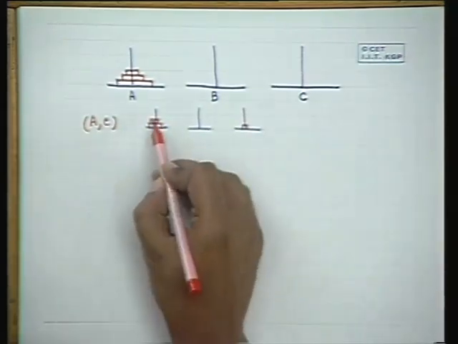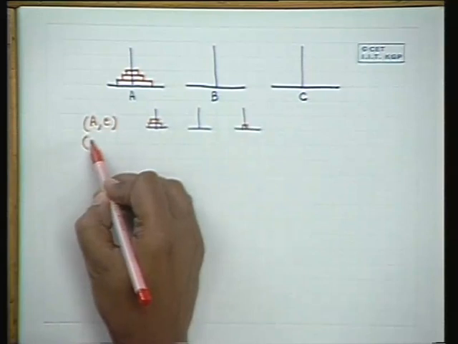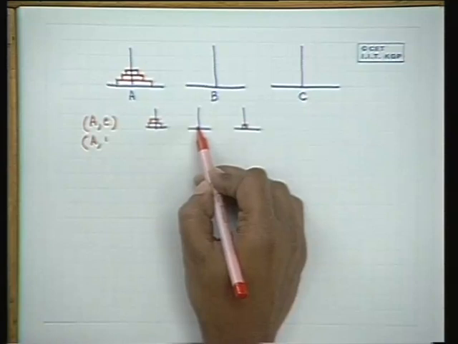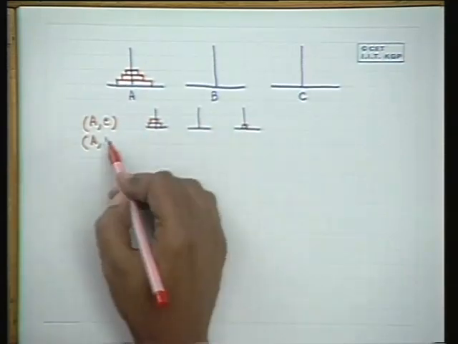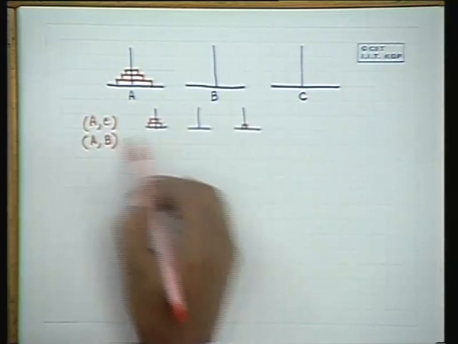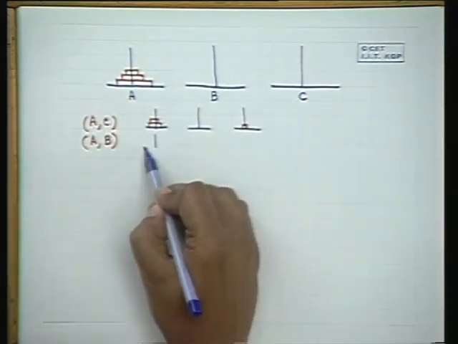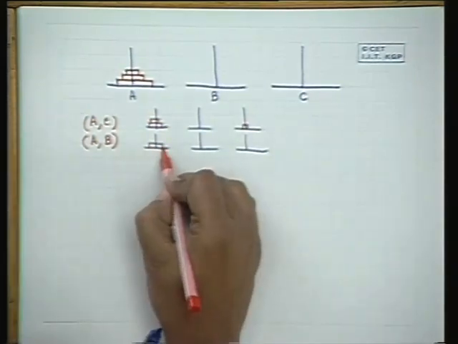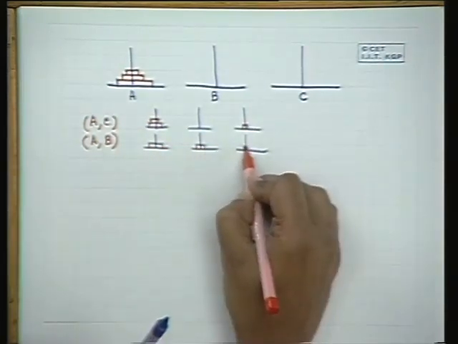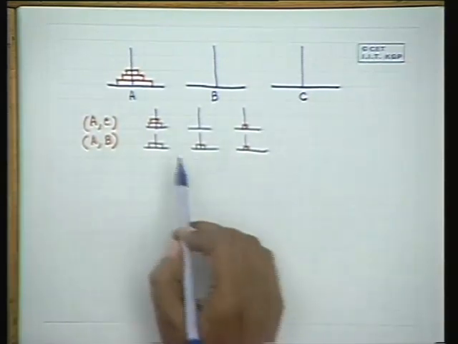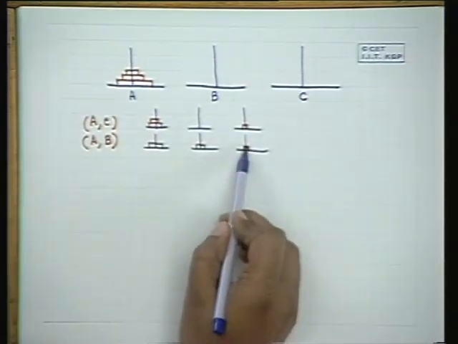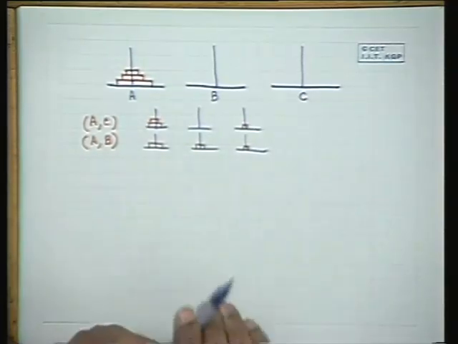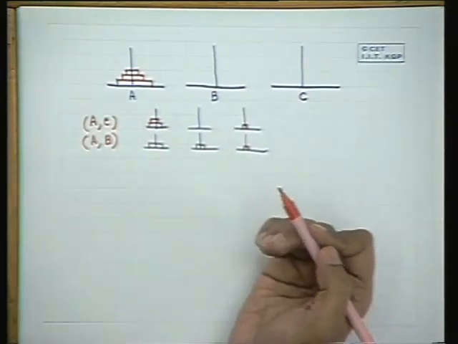Then we can move this one here, A to B. It is no use moving this one here, because that you could have done in the first step only. So we reach a configuration. Now we have only one option, moving this here, or retracing your steps.